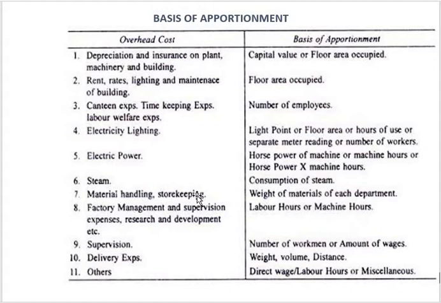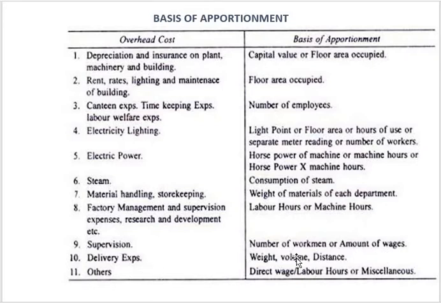Material handling or storekeeping is distributed using weight of materials of each department. Then factory management and supervision expenses, research and development expenses are distributed using labor hours or machine hours. And supervision is apportioned using number of workmen or amount of wages.